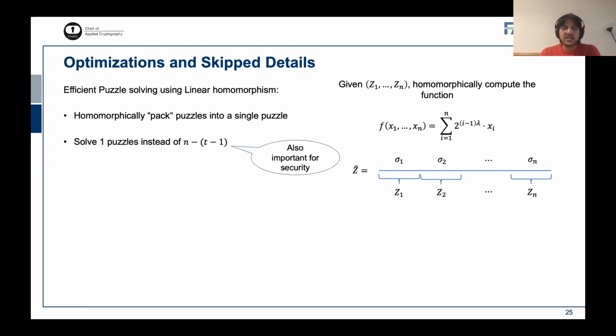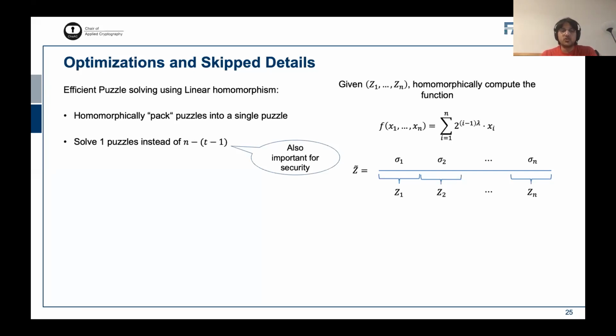I promised to tell you that this is not just for efficiency. You also need it for security, because an honest party may not have the computation that an adversary has.